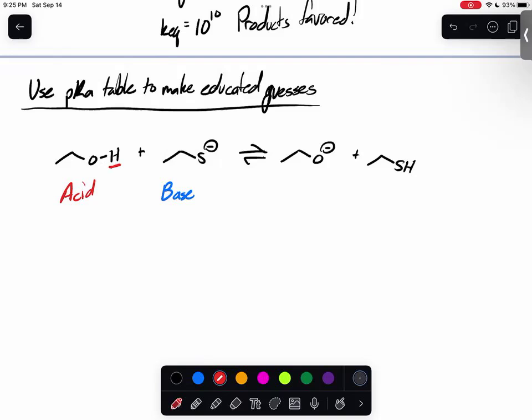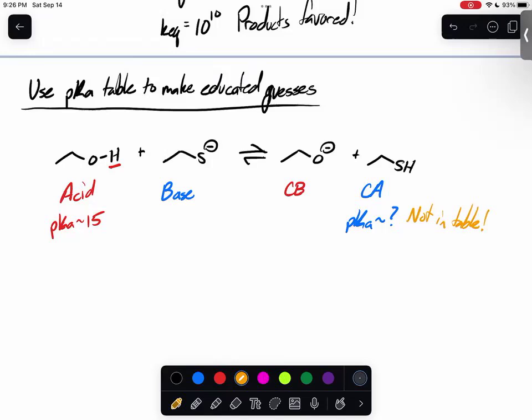But with that being said, this would be our conjugate base, and this would be our conjugate acid. So, if we wanted to determine the equilibrium constant here, right? Looking at our acid, we do know this one's pKa, right? It's one that we've seen multiple times. It's right around 15. But over here for our conjugate acid, we have a problem because we don't have that pKa in the table, right? And if it is not in the table, that means that we have a little bit of a problem.